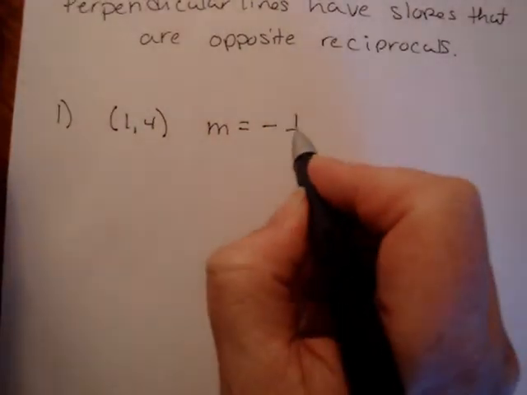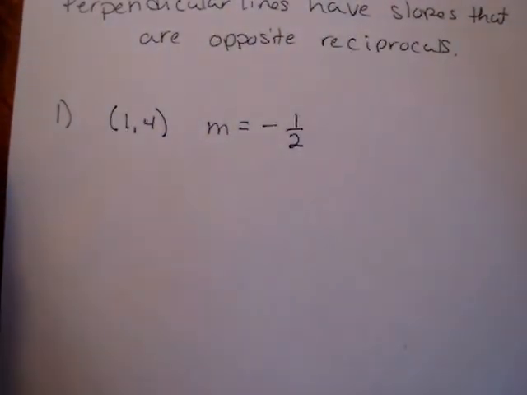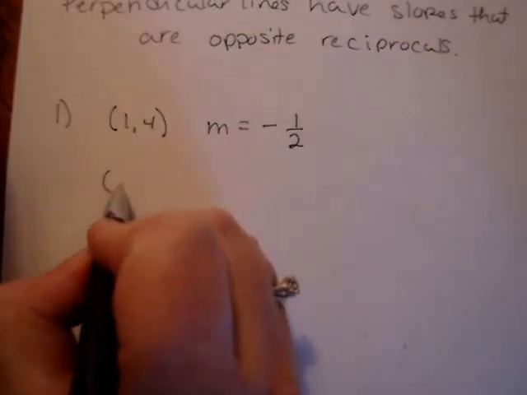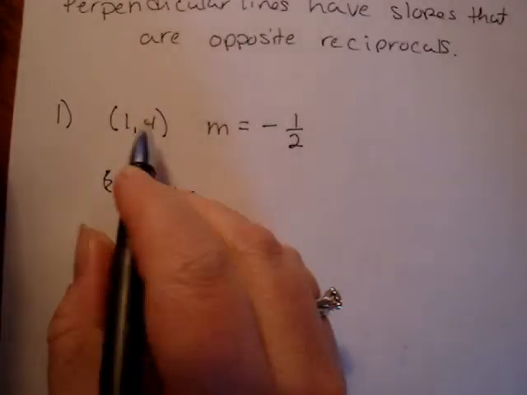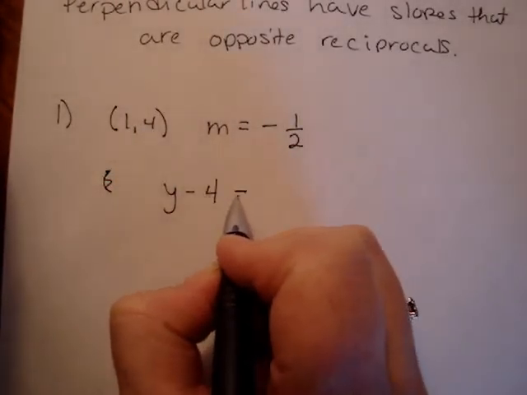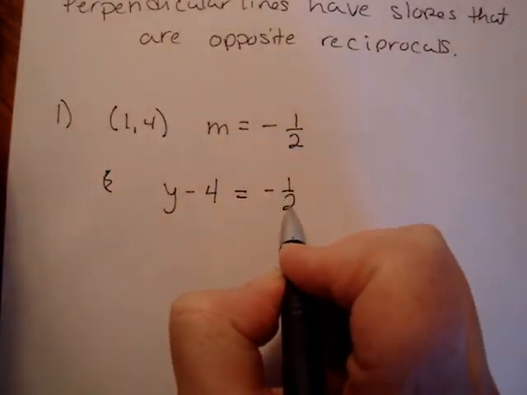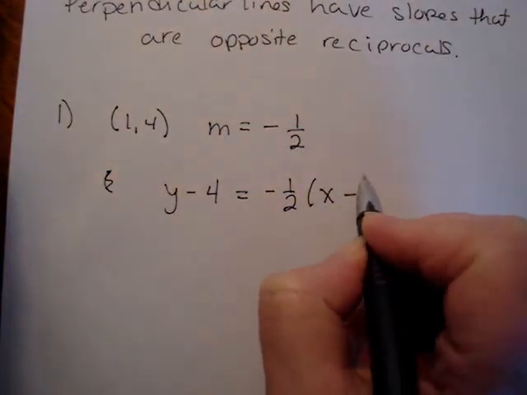Reciprocal of 2 is 1/2. They want us to leave the answer in slope-intercept form. Remember, I always start in the point-slope form. Y minus 4 is equal to -1/2 times (x minus 1).